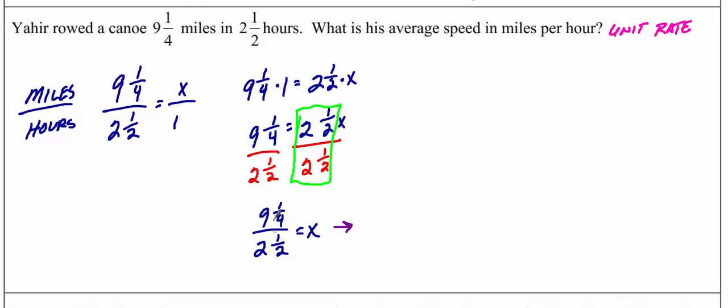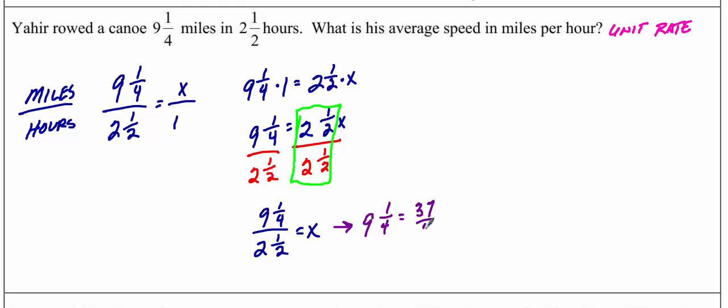And we're going to remember that any time we are dividing with fractions or with mixed fractions, we don't divide, we multiply by the reciprocal. Now, we've got to take those two things and change them, though. We've got to change that 9 1/4 into an improper fraction. So 9 times 4 is 36, and 1 more is 37.